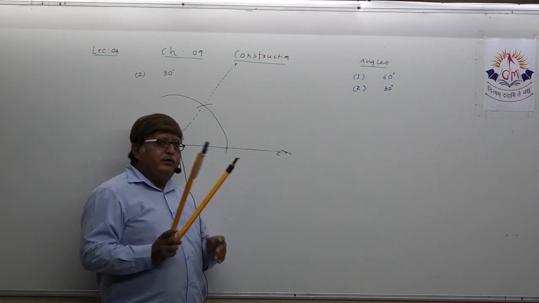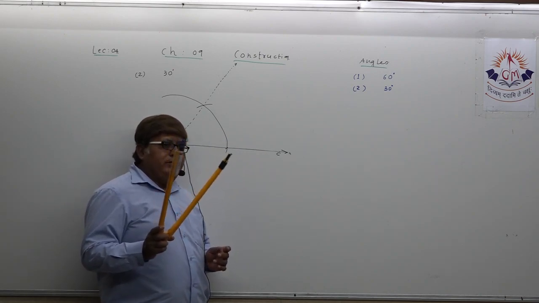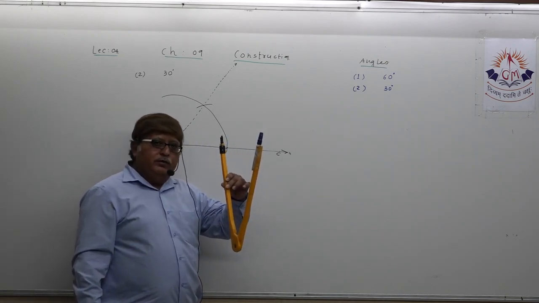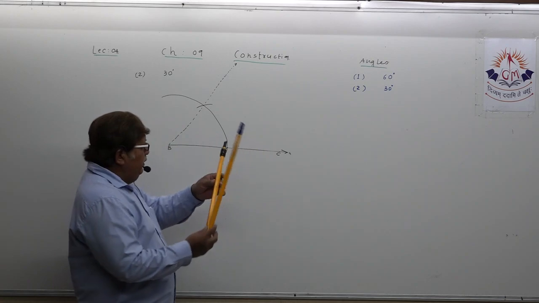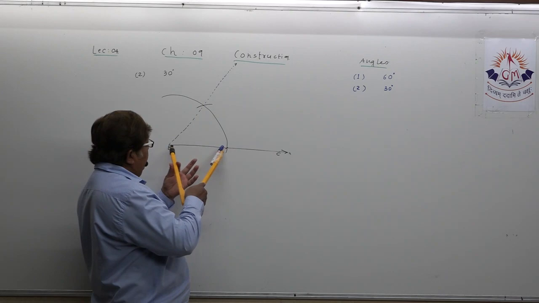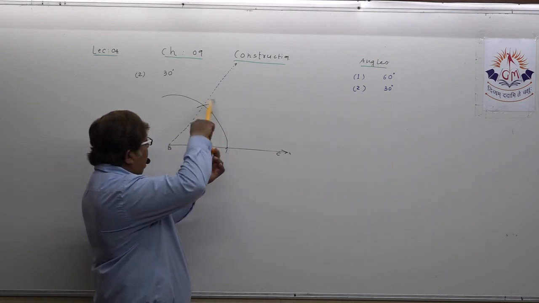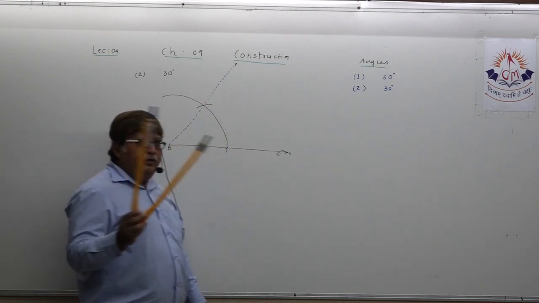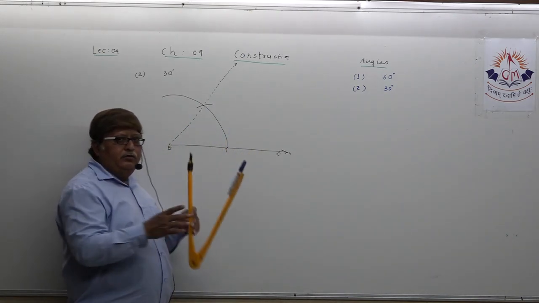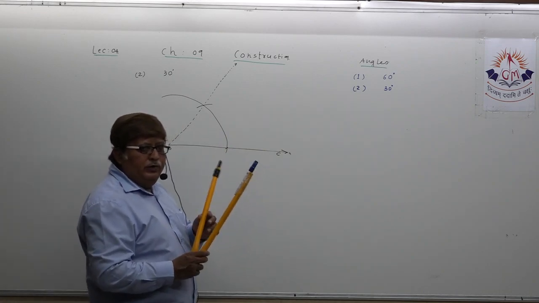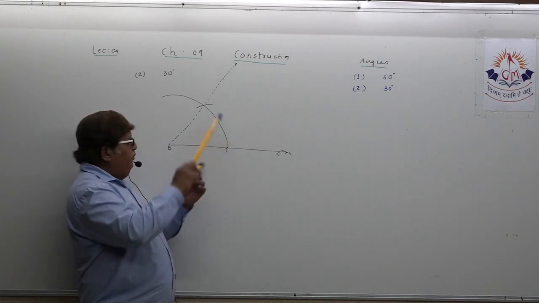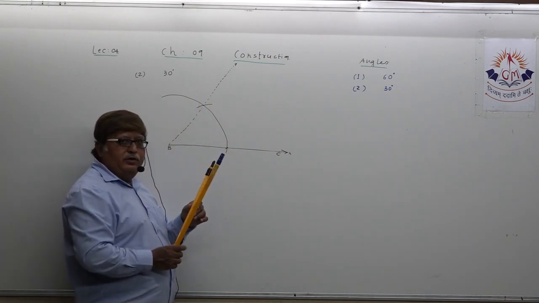As I told you at the start of this lecture, once you take any radius, just keep going with the same radius, as we did when we made the angle of 60 degrees. Don't change the radius until you complete the construction.